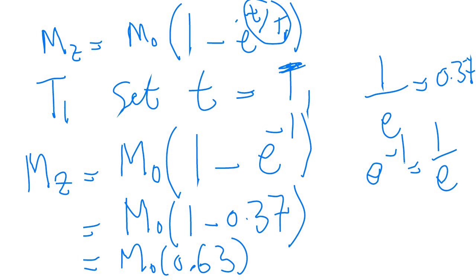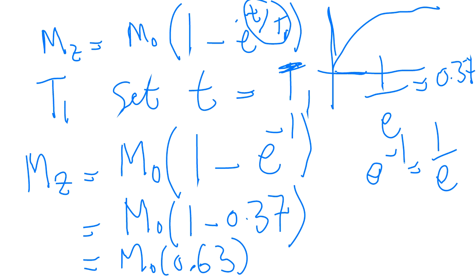I found that, and I can just say it and you can write or record it. This tells me that T1 is the time needed for Mz, which is 1 minus the exponential, so it will look something like this, right?